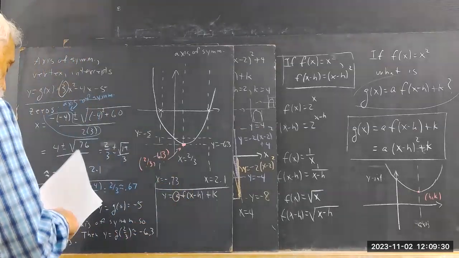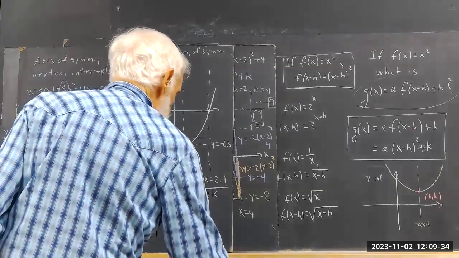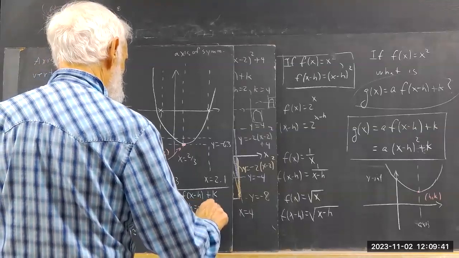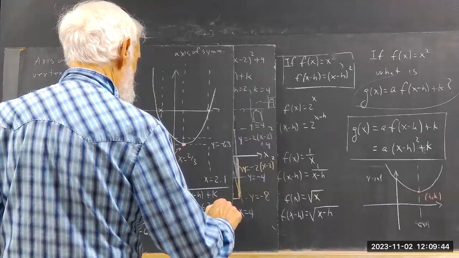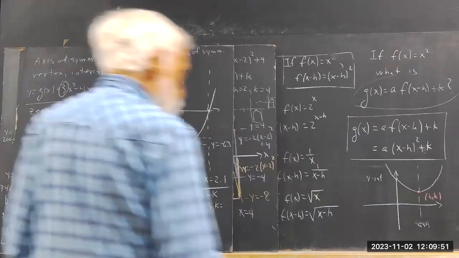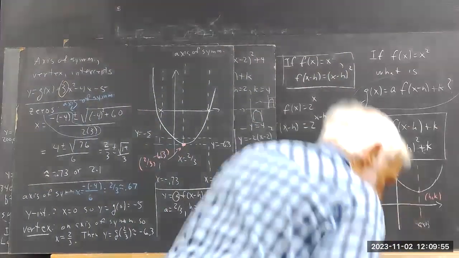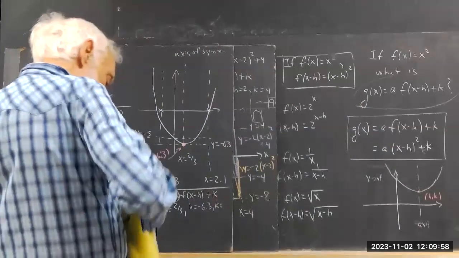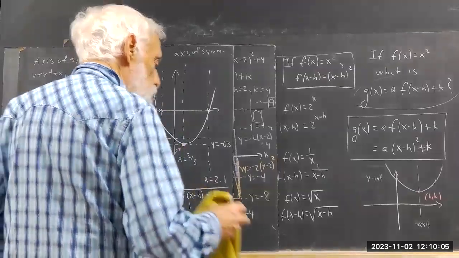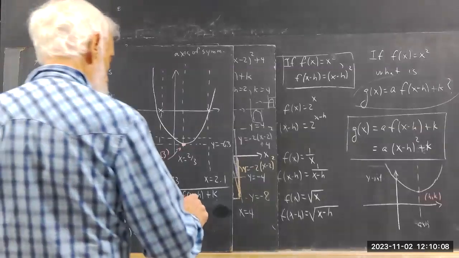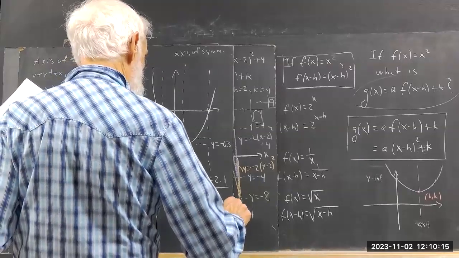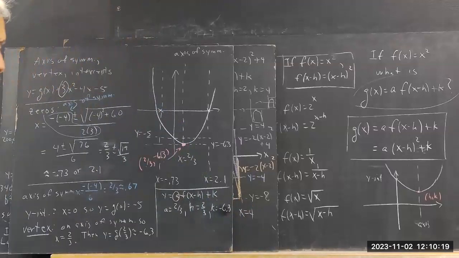K is -6.3. I'll mix up my labels of H and K. There we've got all the coordinates.